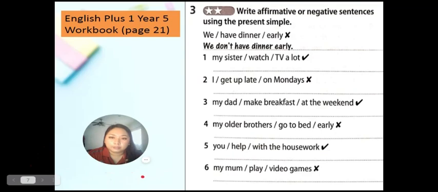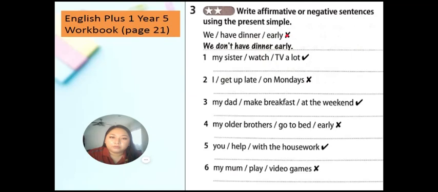Let's see activity 3. Okay, activity 3, you need to rearrange. Sorry, not rearrange. You need to write full sentences whether it's affirmative or negative. Okay, let's see the example. Look at the end of the words. We have X. Here we have tick.